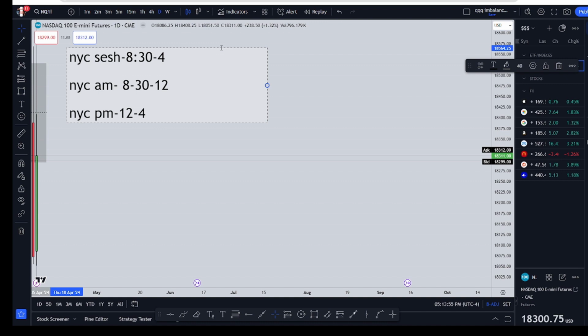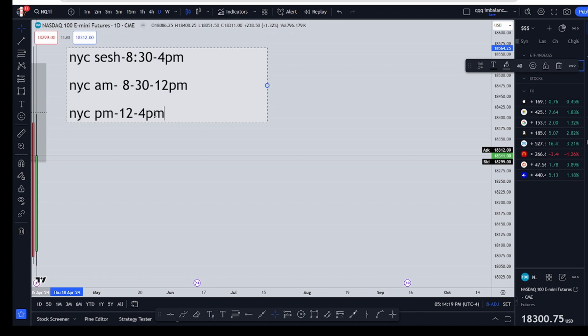These are the time frames right here: 8:30 a.m. to 4 p.m., 8:30 to 12 p.m., 12 p.m. to 4 p.m. All my money's mostly made during that time frame, and after that, I'm done for the day. I can go about the rest of my day, do work, schoolwork, whatever I've got to do, and keep pushing.